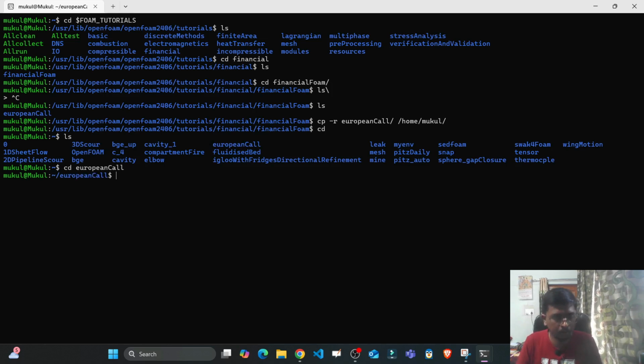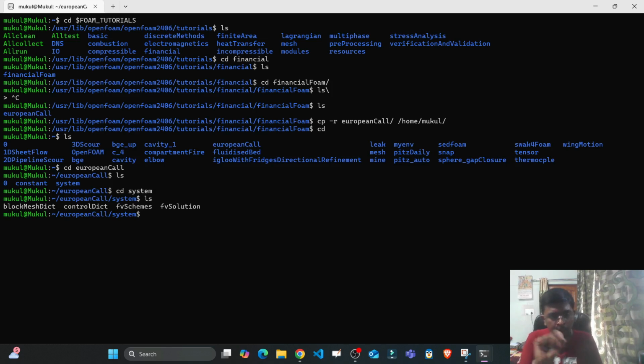There is no Allrun file, so how do we know what the steps are? Just go inside the system directory and check which dict files are given. Here you can see that only blockMeshDict is given, so we only have to run blockMesh and then we can directly jump into the financialFoam solver.